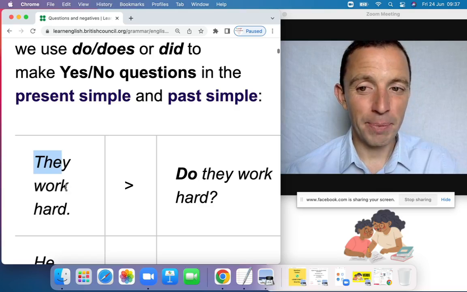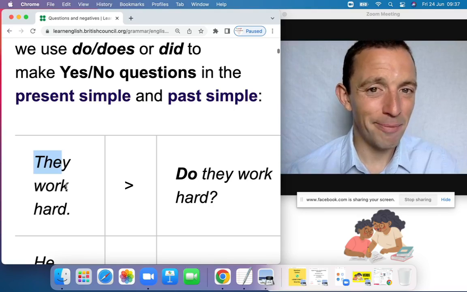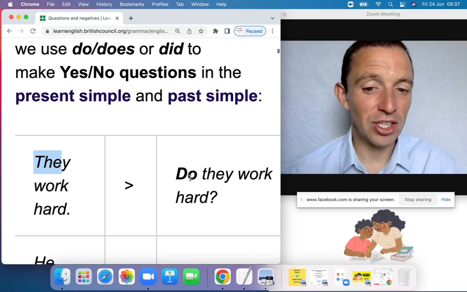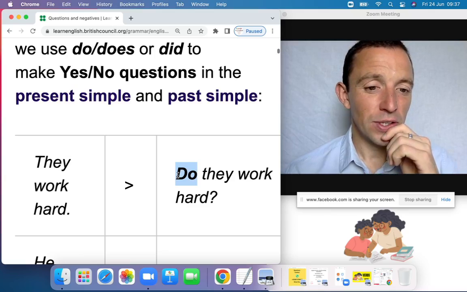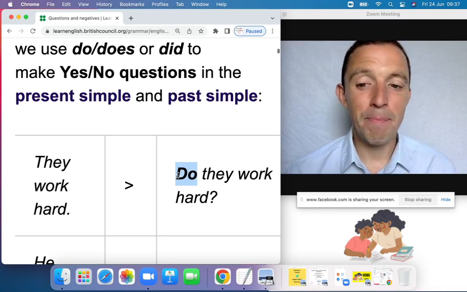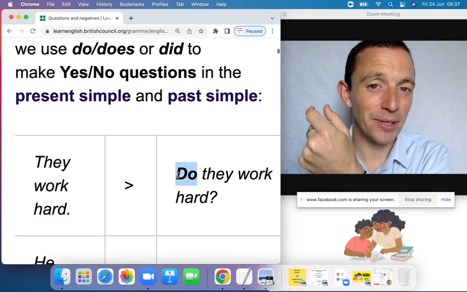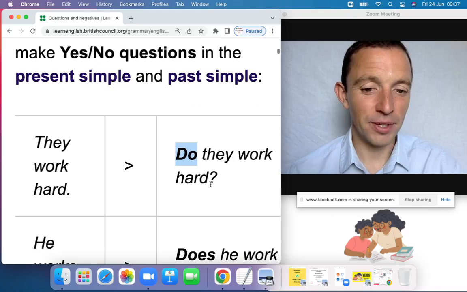No, because it's not the verb to be and it's not the verb to have. So the second way to do this is to add an auxiliary verb do. That is important. We simply add do at the beginning for the present simple question form. Do they work hard? is the question.